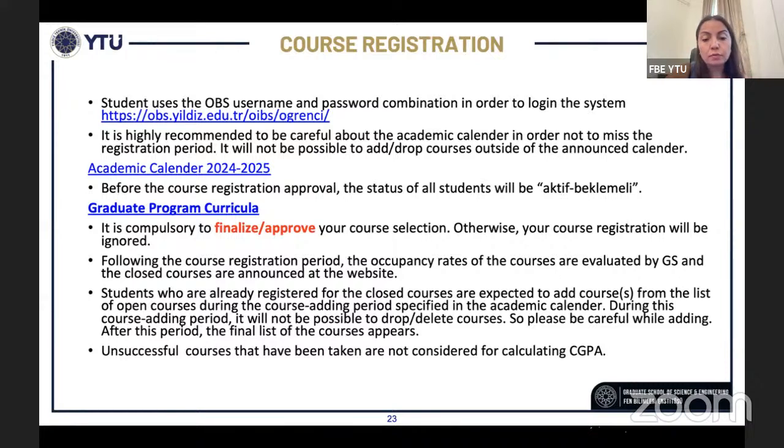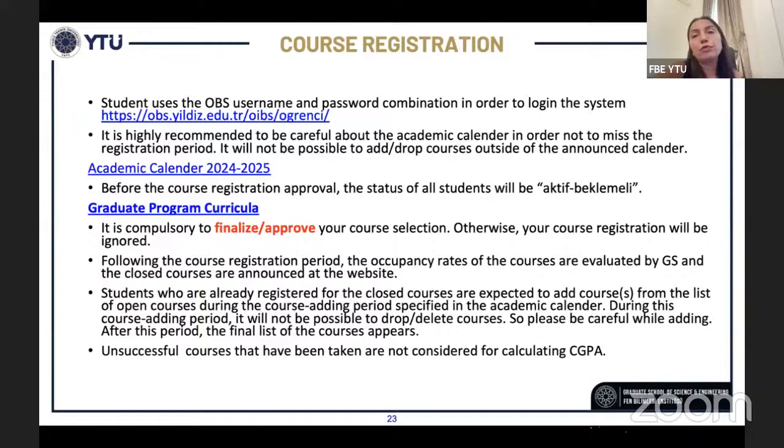Students who are already registered for the closed groups are expected to add courses from the list of open courses during the course adding period. As I told you, only the course adding period. Deleting will not be possible. So please be careful while adding the courses.